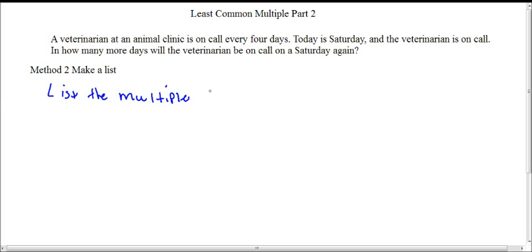We're going to list the multiples of each number, and the numbers we're referring to are 4 and 7. So what are the multiples of 4? And we need to know what are the multiples of 7.